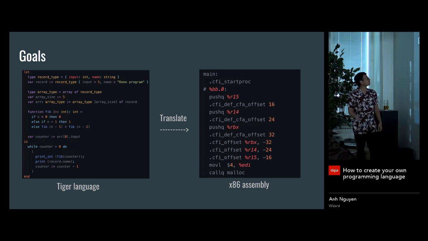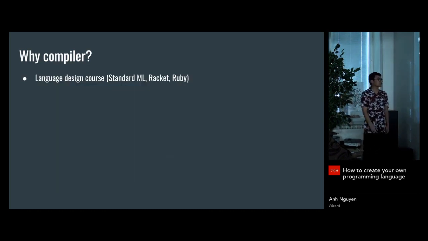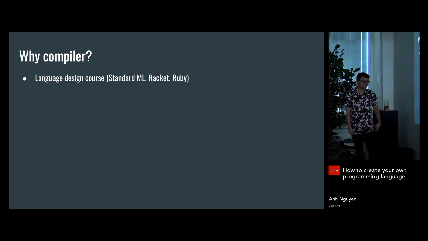And why did I choose to write the thesis about the compiler? Last year in May, I took an online class about language design. It analyzed the features in functional programming languages like standard ML and Racket, or in an object-oriented programming language like Ruby.